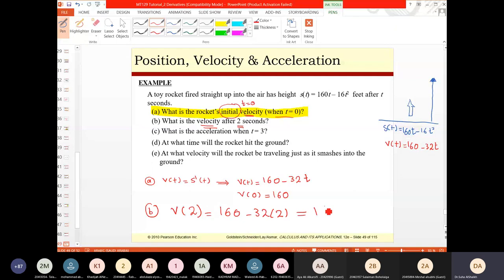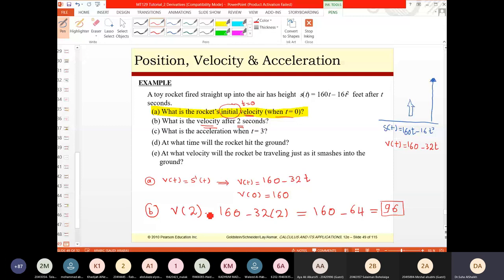How much is that? You have your calculators? How much is that, please? 96. Are you sure it's 96? Okay, good. Easy or not now?